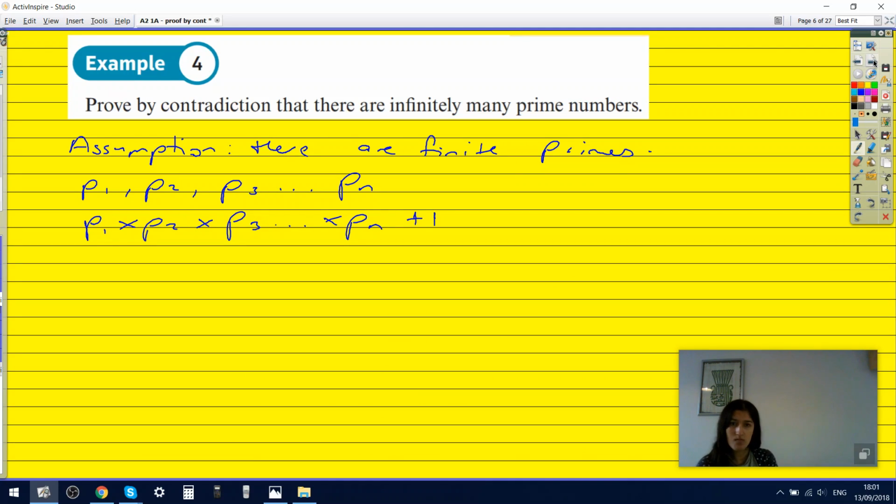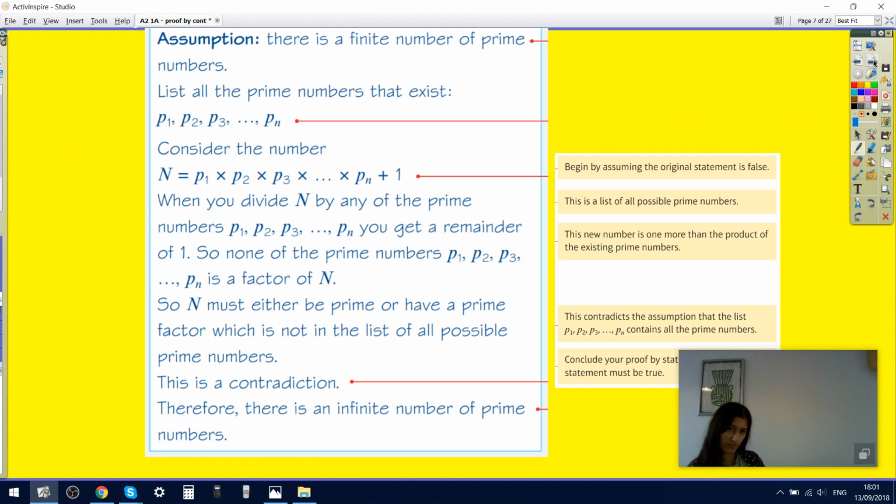Infinitely many prime numbers. List the prime numbers, including what must be the biggest prime number, because we're doing the negation. Multiply them all together. Plus 1 means it would be a remainder of 1. So either this is a new prime number, or it is not a prime number, and there's a prime number missing from our list of all prime numbers, which is a contradiction.